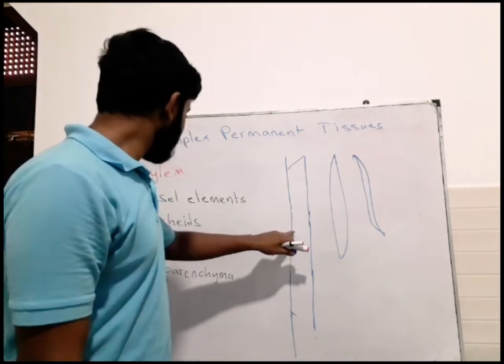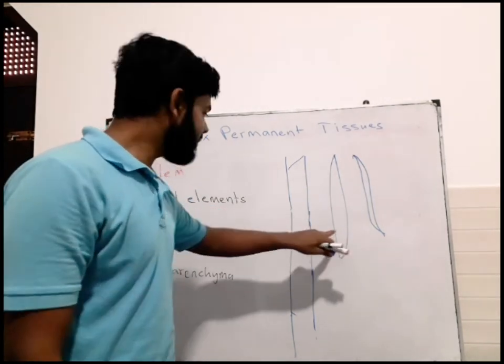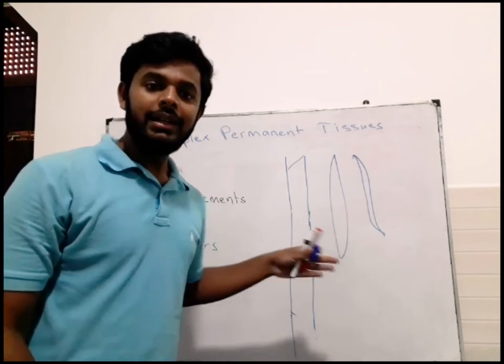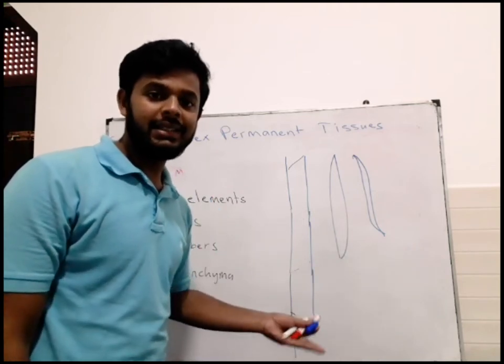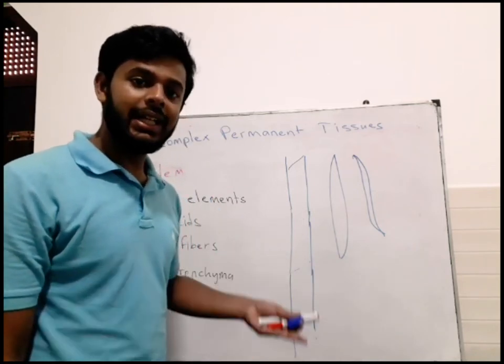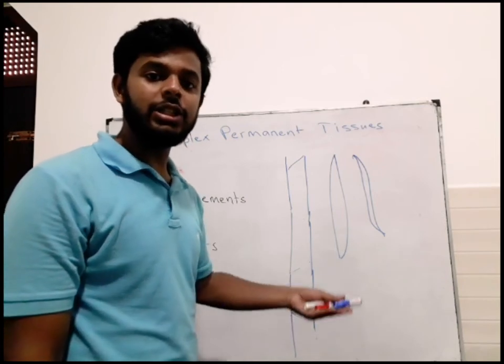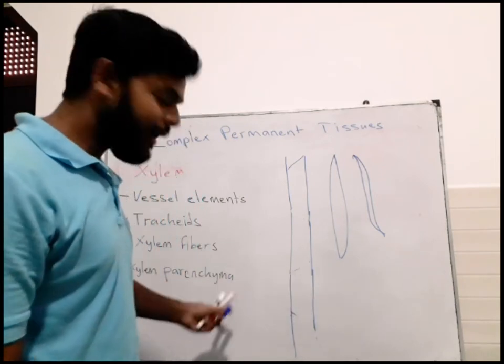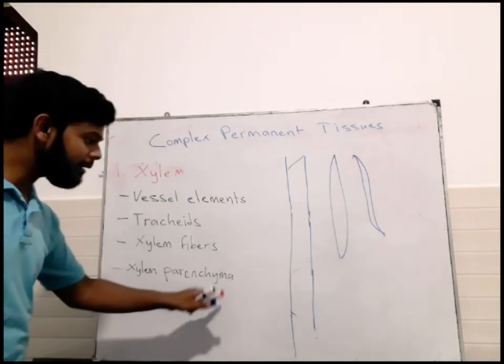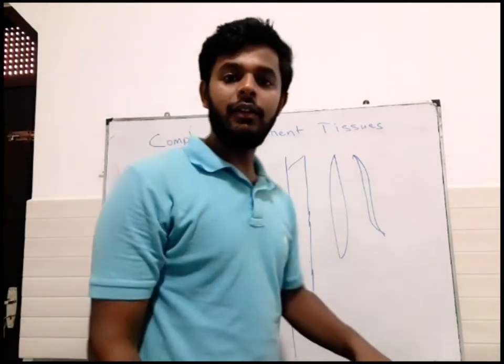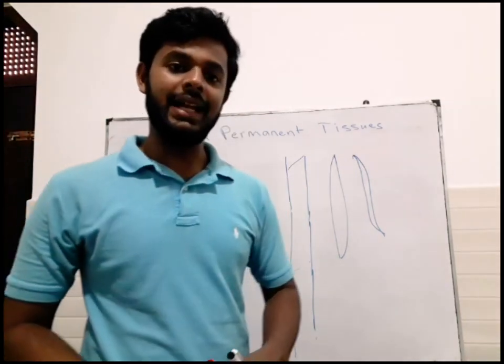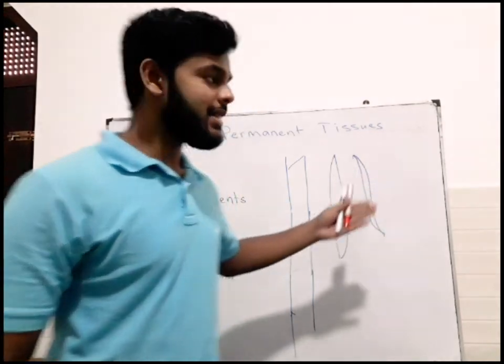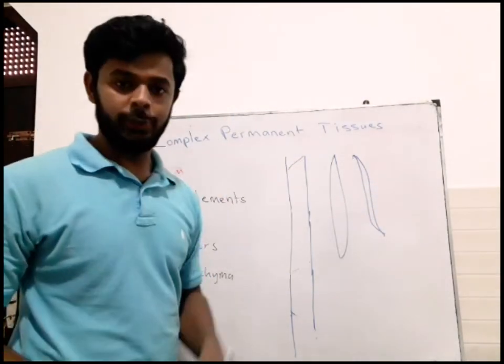The xylem vessel elements, xylem fibers and tracheids, all these three are composed of dead cells, and they are mainly involved in conduction of water and minerals through plants. And the fourth type of cells is the xylem parenchyma. This is the only living cell that is present in the xylem permanent tissue.